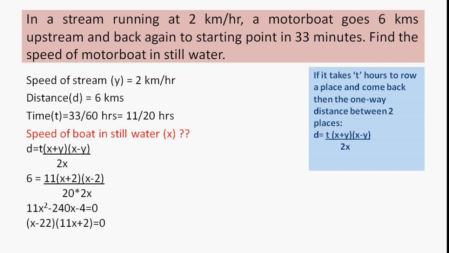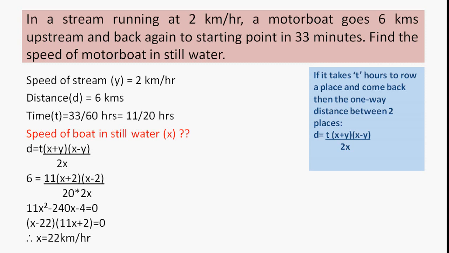We discard 11x plus 2 because when 11x plus 2 is equal to 0, we get the value of x as negative. So retaining x minus 22 equal to 0, we get x is equal to 22 km per hour. This solves the question in an easy way.